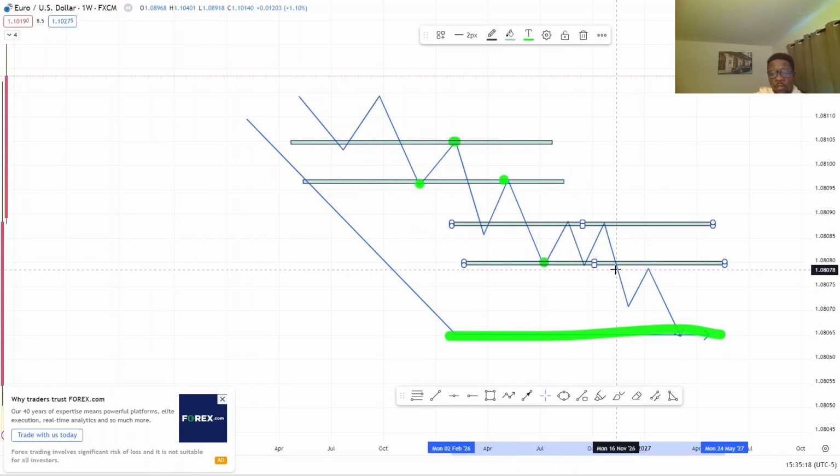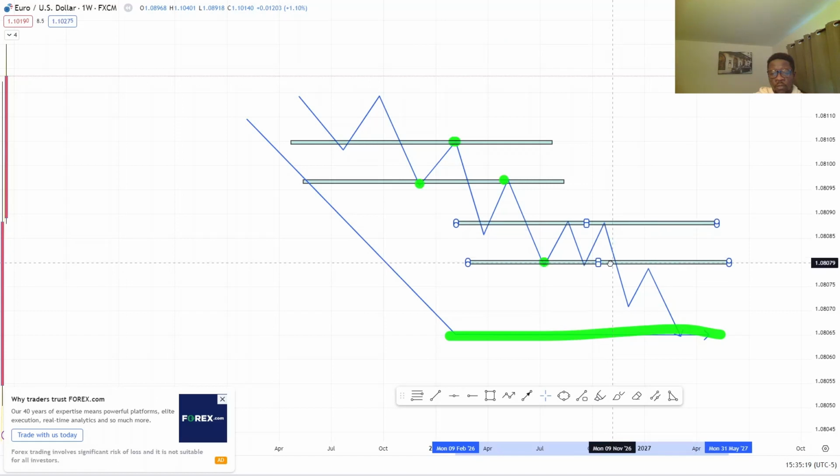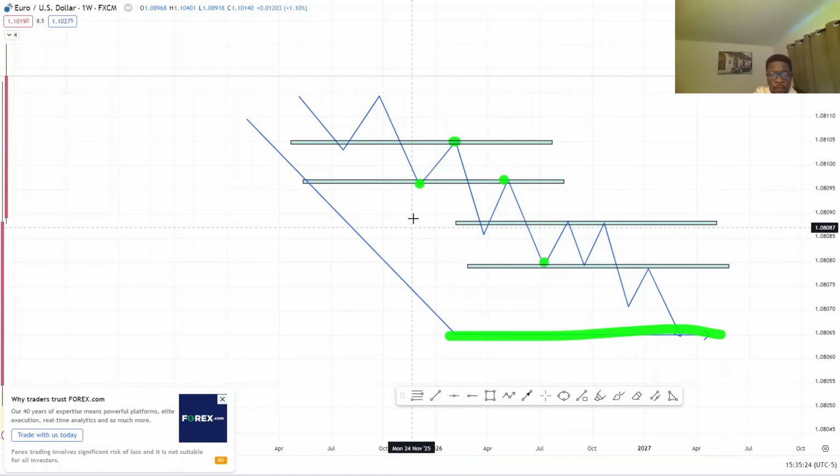Okay, we have a support and resistance zone, right? So they wait for the price to get into this zone, and they short the market. Or they jump in for a buy. They wait for price to get there, they jump in for a sell. Price comes here, they jump in for a buy, and price comes here, they jump in for a sell.